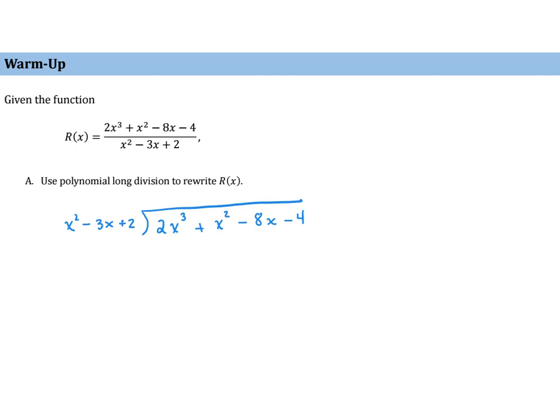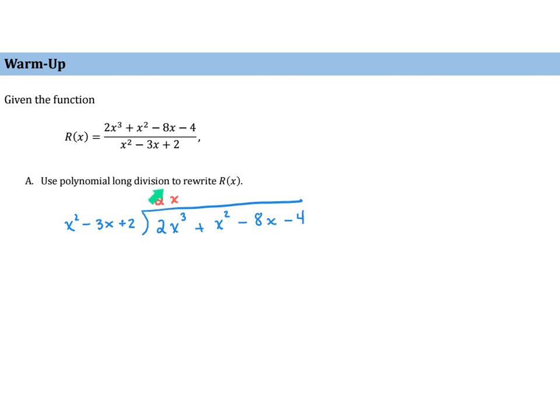So we will focus on the first term of our divisor and look at 2x cubed. So what can I multiply x squared by to get 2x cubed? Well, I need to multiply the coefficient by 2, and then I need to multiply x squared by x to get x cubed. So that means that we're going to multiply by 2x.